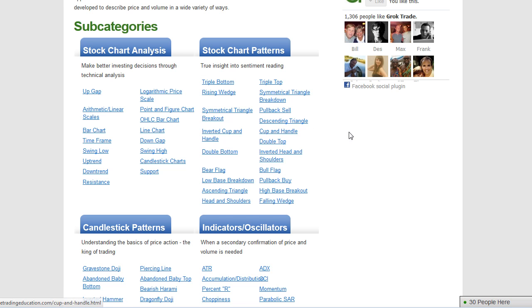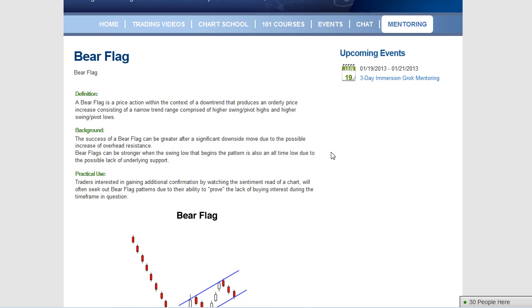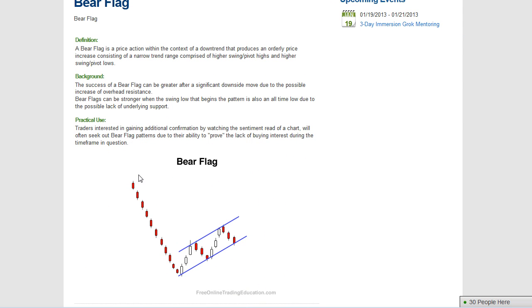And then let's take a look at one of the patterns in here, which is kind of related to us at this moment. And let's see, a bear flag. Once you click on this, another page will show up with a description of the bear flag, even with this picture that you can analyze, okay?